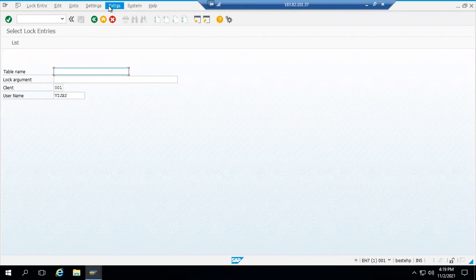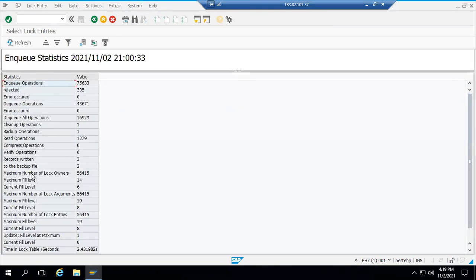How do you monitor? In SM12, under Extras, there is Statistics. You need to monitor the maximum and current fill level. Maximum fill level is 14 and the current fill level is 6, so it is less than 50%. If the current fill level is close to 14, lock overflow will happen and the table overflows.